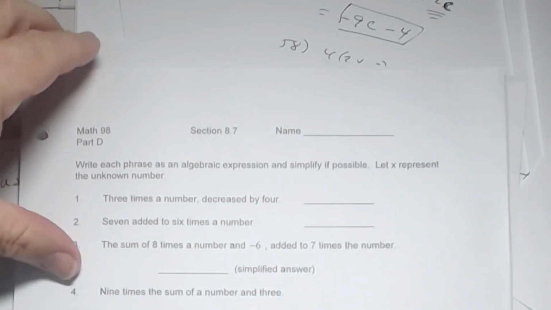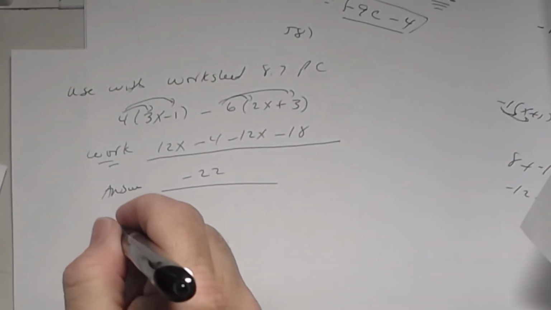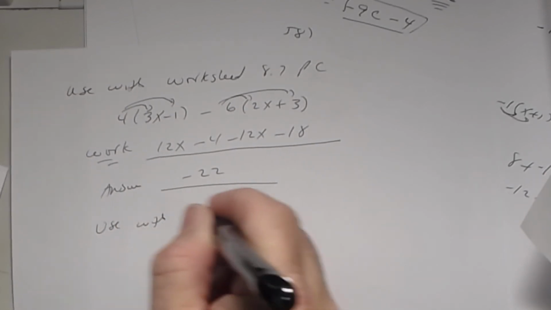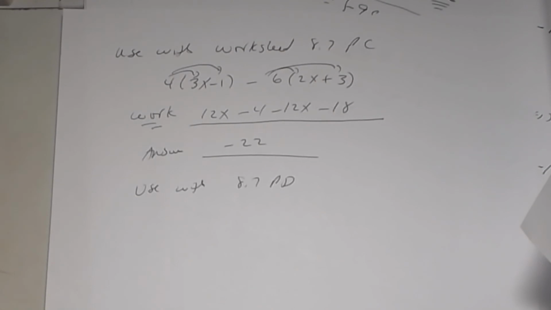All right, so for example, they're going to use this with 8.7 part D. So suppose we had this.